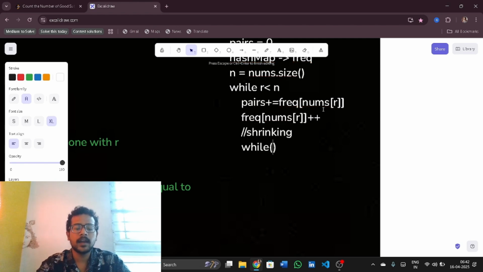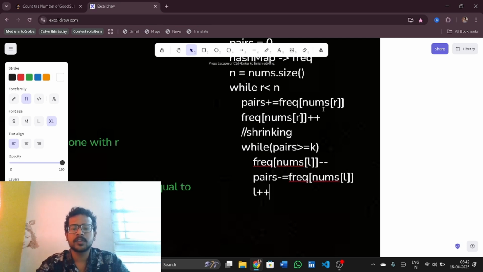So while pairs are greater than or equal to k, I'll do something like frequency of nums of L minus minus and L plus plus, but before that pairs are decremented by frequency of nums of L. So after this, I'll increment R plus plus.